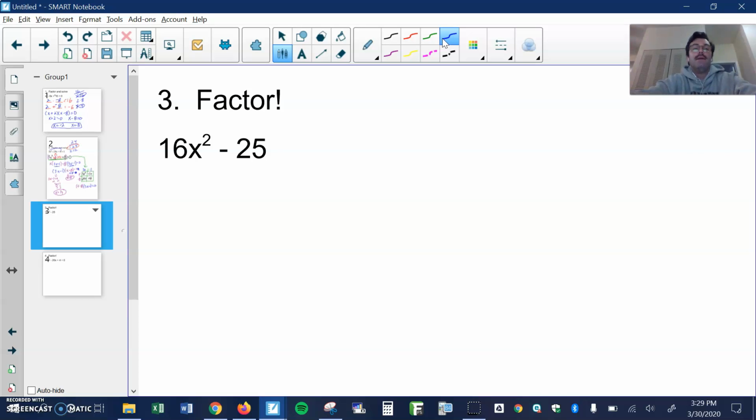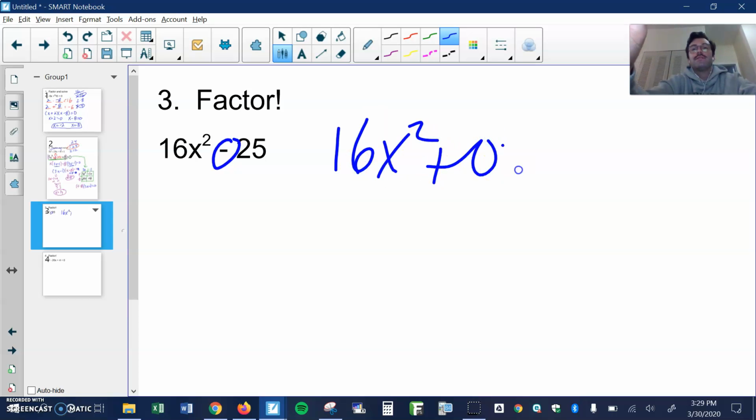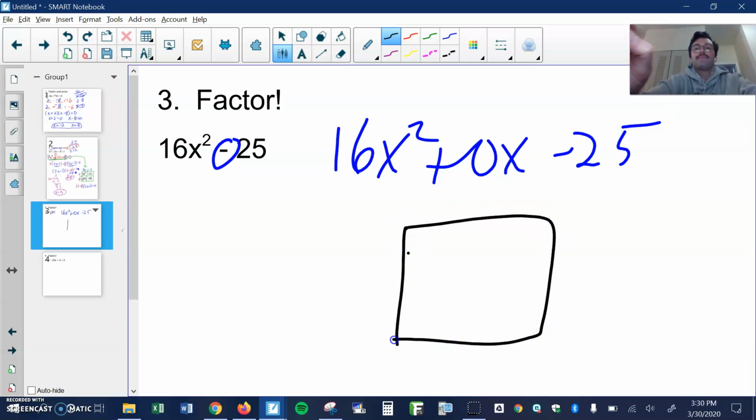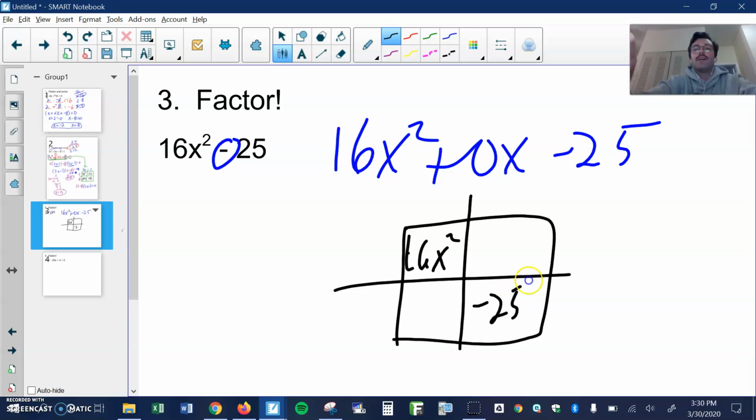What I want to do first is think about this: since this is a subtraction, I can think about this as 16x squared plus 0x minus 25. And I can think about it in the box way. I know that this is 16x squared and this is negative 25.